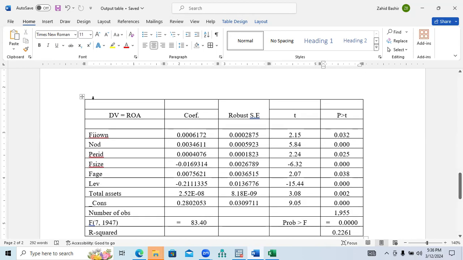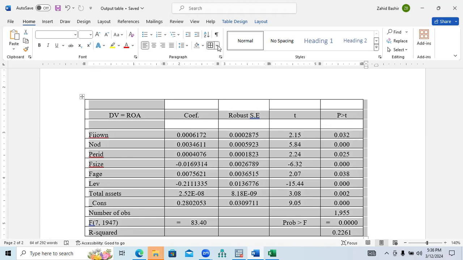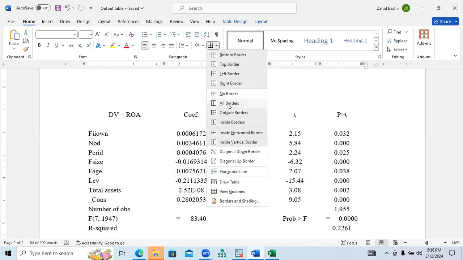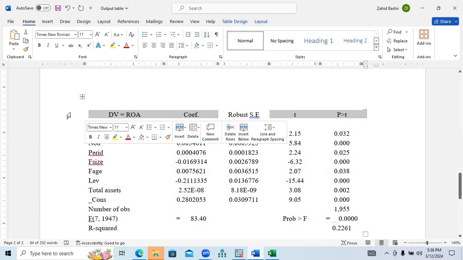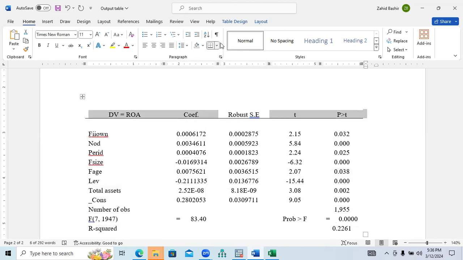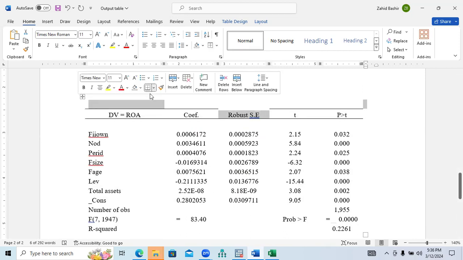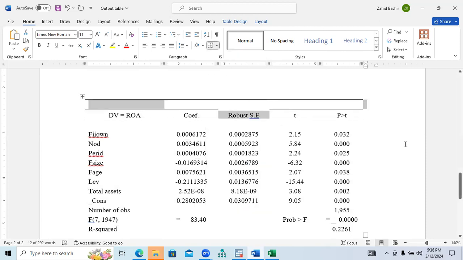So what we need to do, we need to exclude the lines from here to make it an APA style table. You need to select this row, put the bottom border here, put the top border here, also click the second row, put the top border here, just like this.